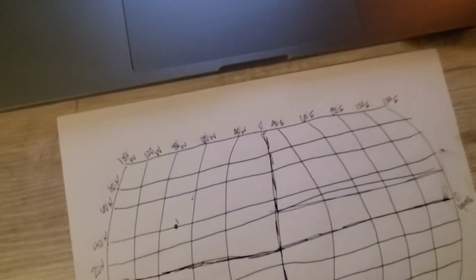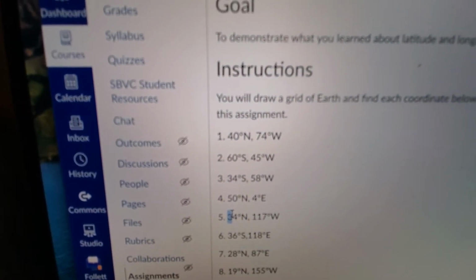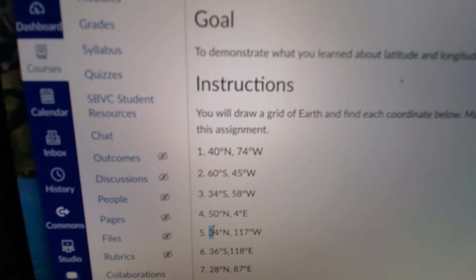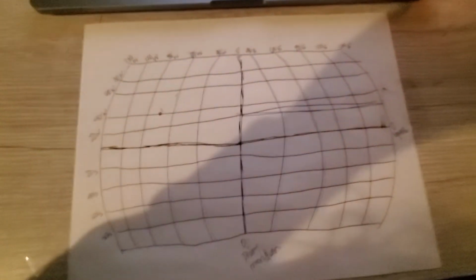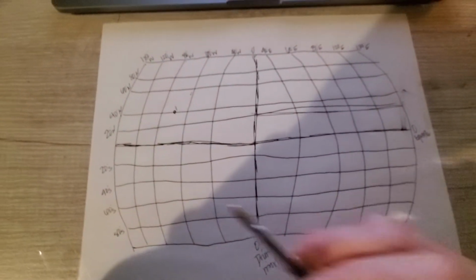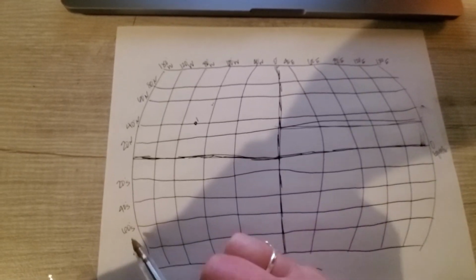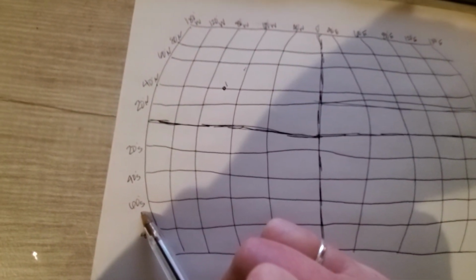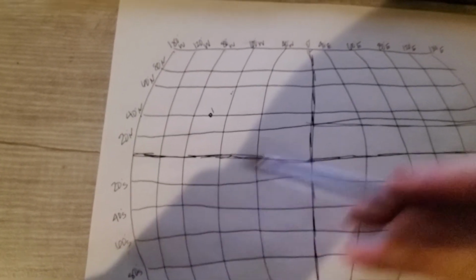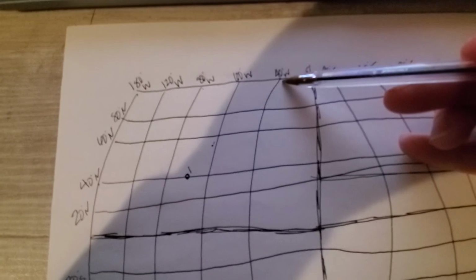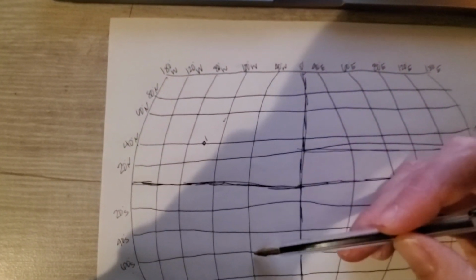Okay, let's try one more. Let's do number 2. 60 degrees south, 45 degrees west. So southwest. We're in the southwest, which is going to be this area. Here's my 60 degrees south line. 45 degrees west. Here's my 40. I'm going to follow that down to my 60 south.